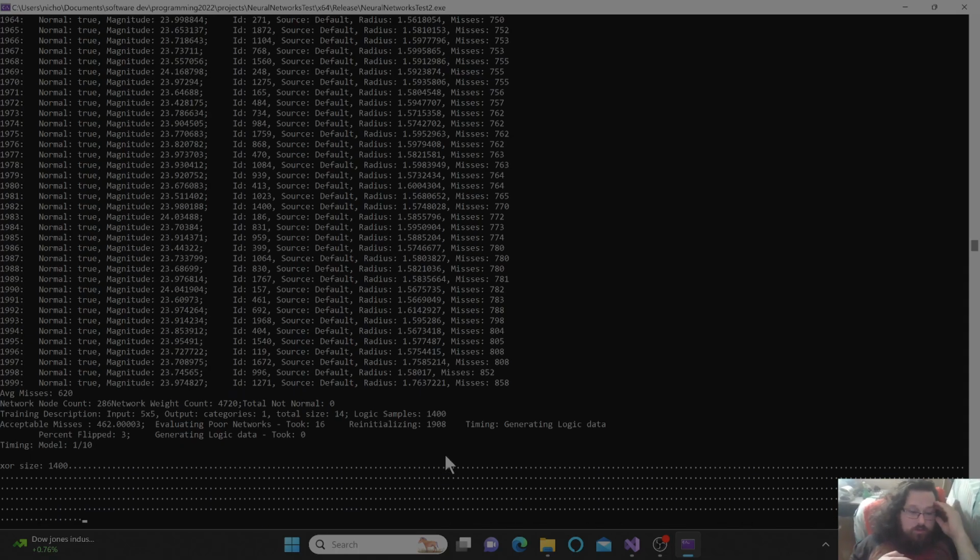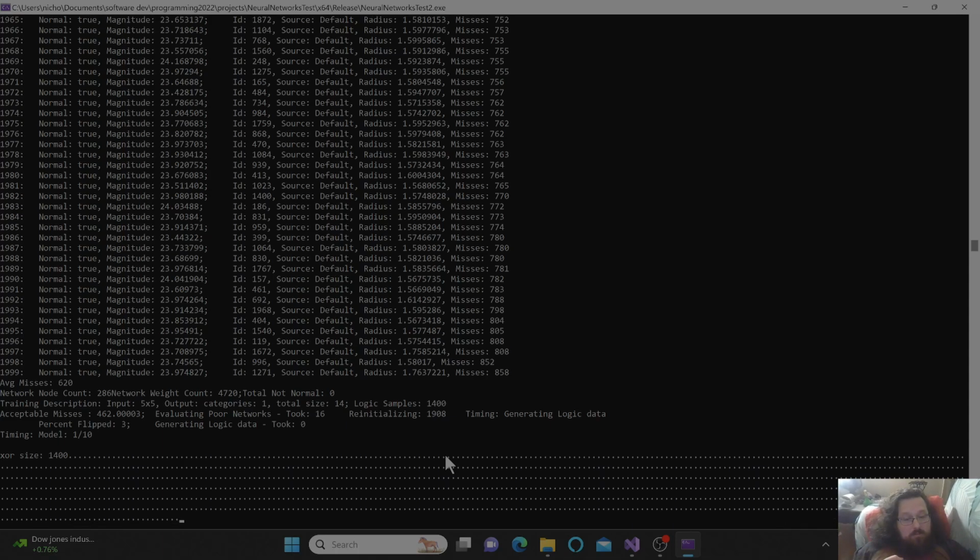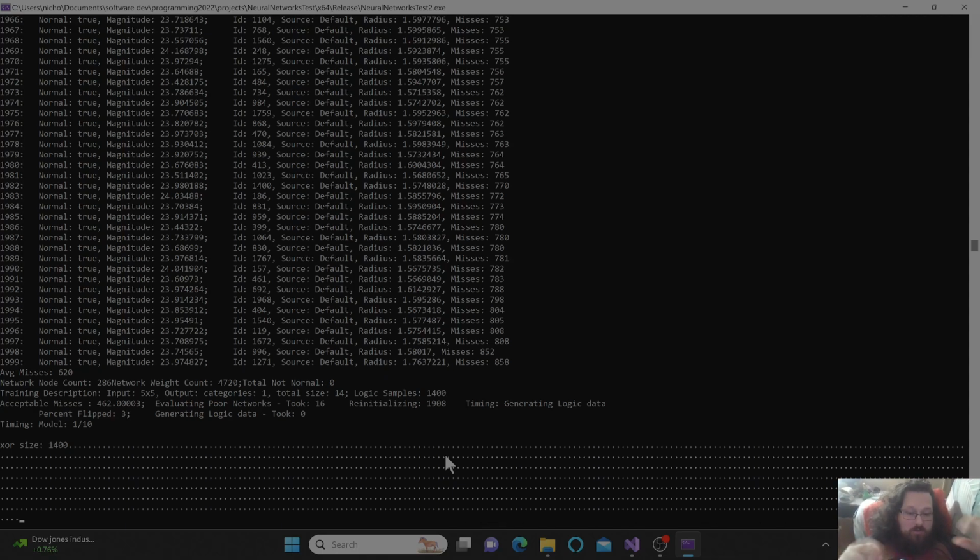Let's see what generation 2 is going to look like. In this model generation, there are 92 networks that have already been trained 10 times, and they're still in the pool. But additionally, there are 1,908 new networks in the pool.